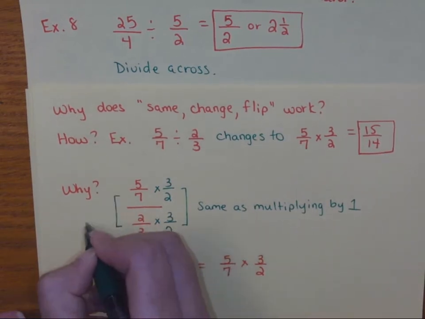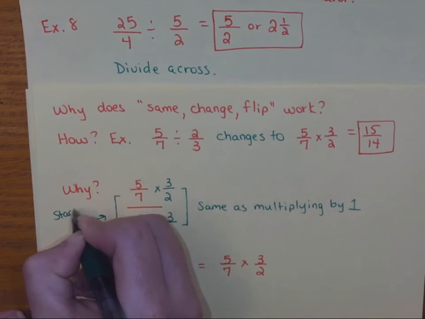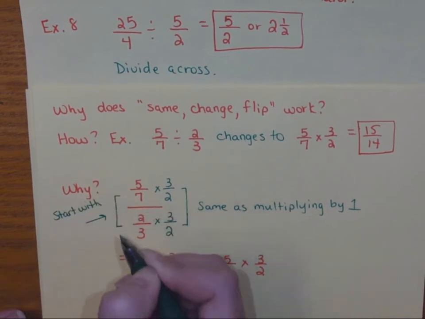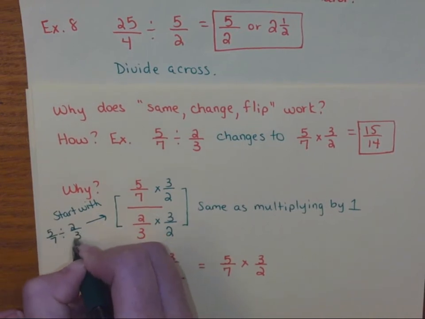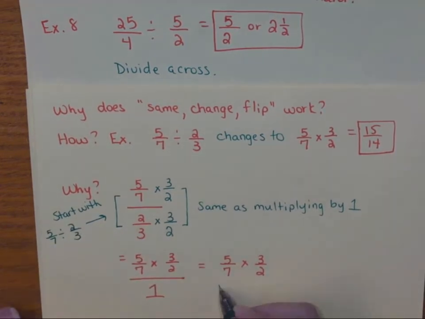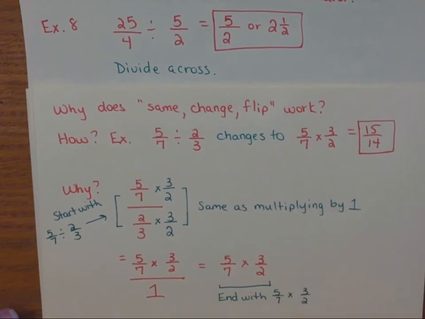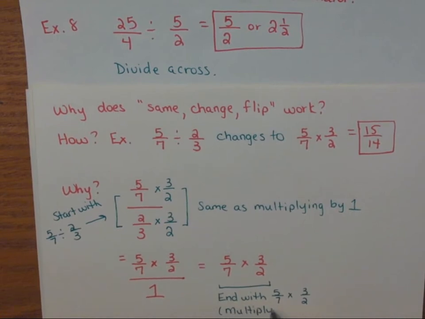I started with my original problem, 5/7 divided by 2/3. Then I did some arithmetic, and I ended with the method that I'm normally taught. I ended with 5/7 times 3/2. In other words, I ended up multiplying by the reciprocal of the second fraction, or the flipped version if we haven't taught them the word reciprocal yet.